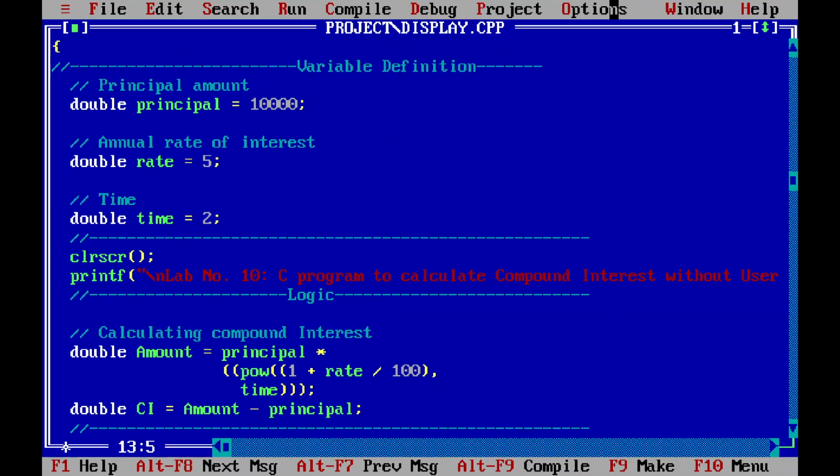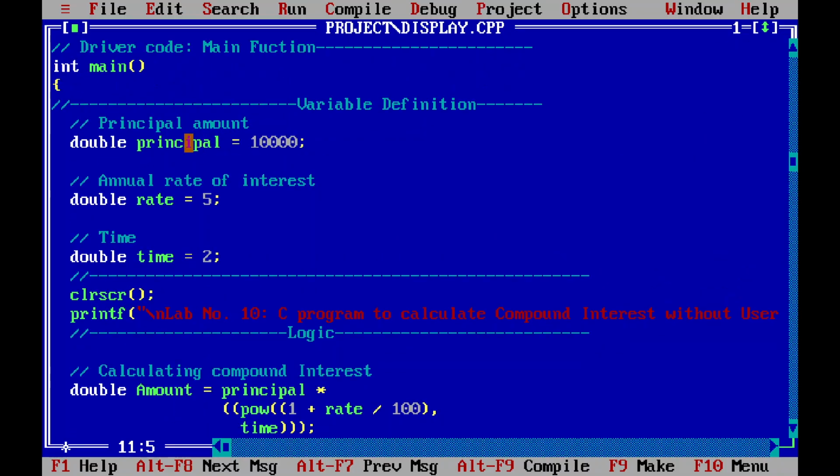Now, as usual, since it is without user input, we have done the definitions over there rather than declarations. Double principal, why have we taken double? It is also a new data type, because earlier it was showing errors. Like once we put 10,000 rupees and we saw that it is showing a minus 55. Hope you remember in the earlier programs, while the concept and the logic was perfectly all right.